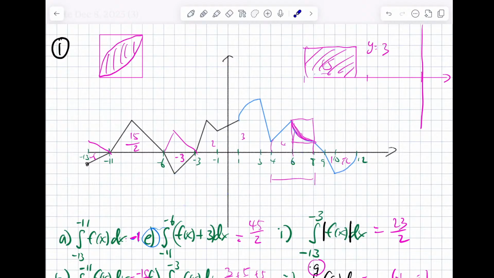And that is 3 times 5, which is 15. So it's add 15 on top of it. So two ways to look at it: one is shift the whole graph up 3 units, or the second is break the two things apart to find the area of rectangles. Next questions.